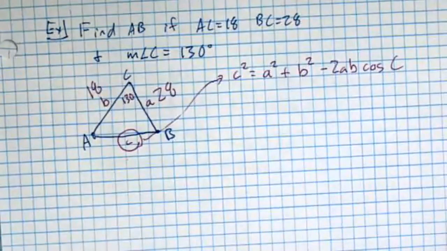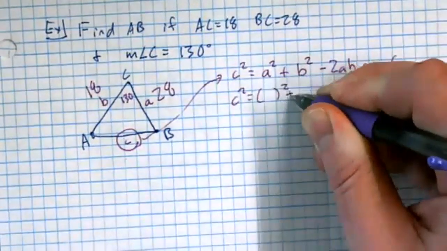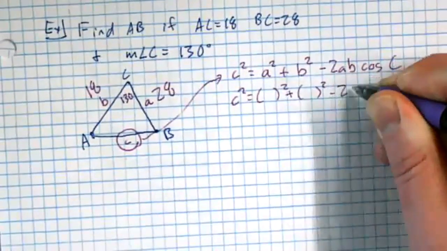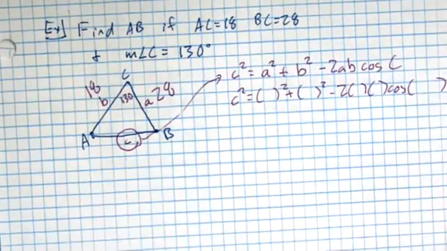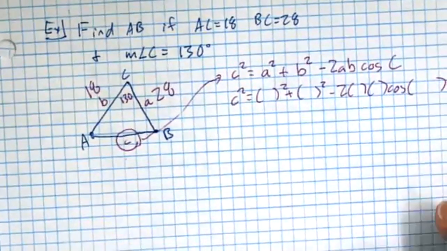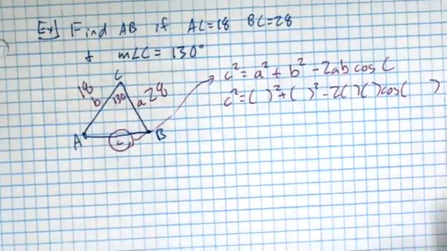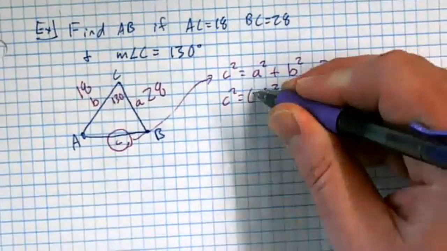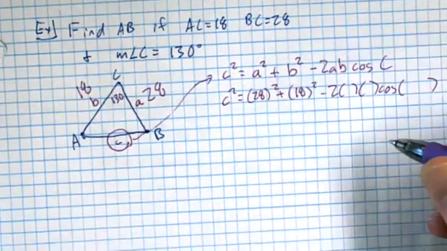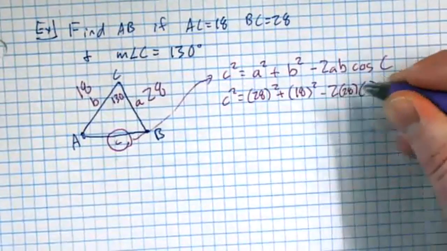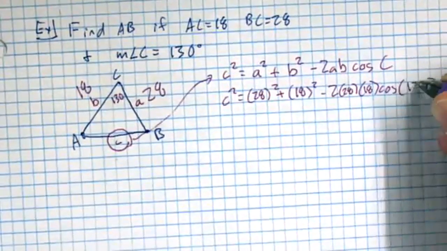So let's fill in values. So a was 28, b was 18, angle C was 130.